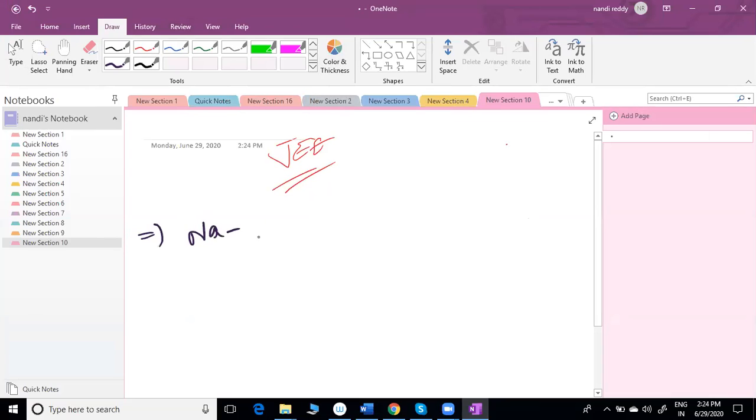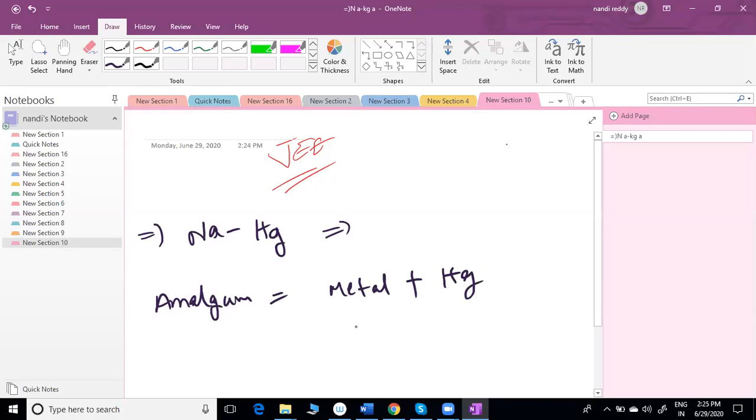Alright, NaHg, any combination of metal plus Hg, you call an amalgam. In this case, the oxidation number of the metal is 0.